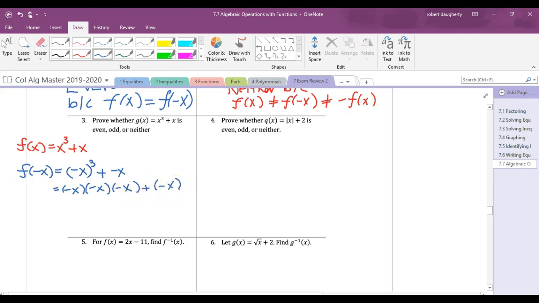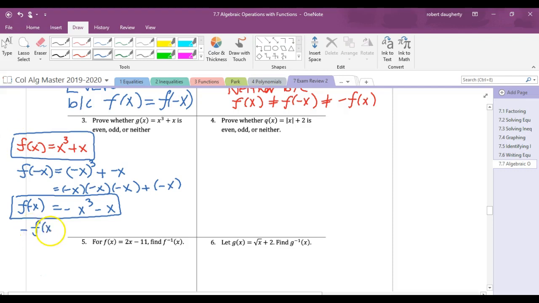So the first part, negative, negative, negative, is just negative x cubed, minus x. So this is f of minus x, and these two don't match. What is negative f of x? Negative f of x just says stick a negative in front of everything you see in f of x. That's negative x cubed minus x. Those two match, so this is an odd function, because f of negative x equals negative f of x.